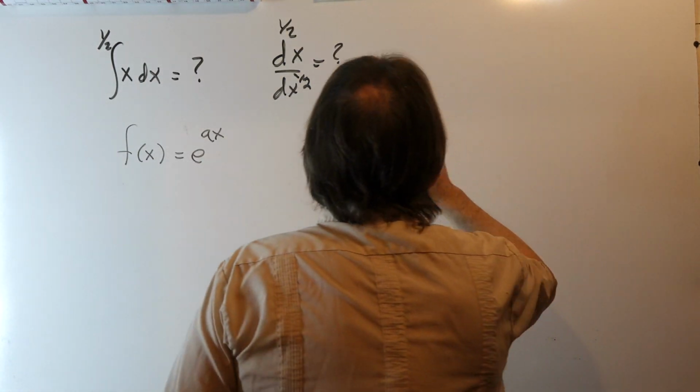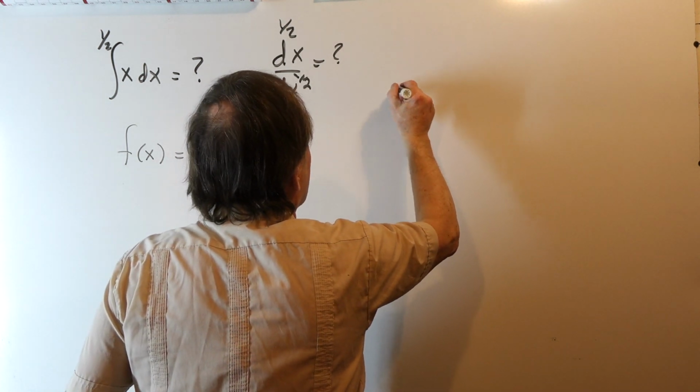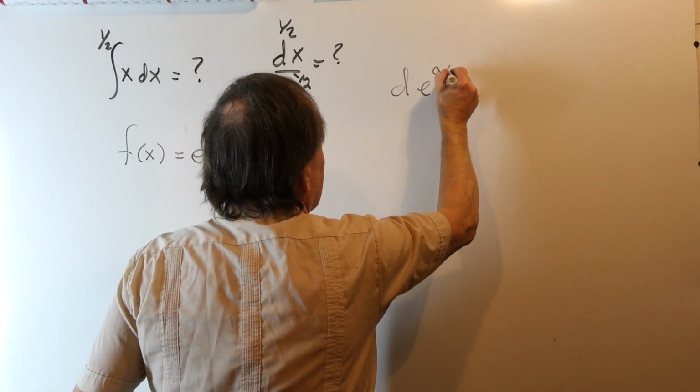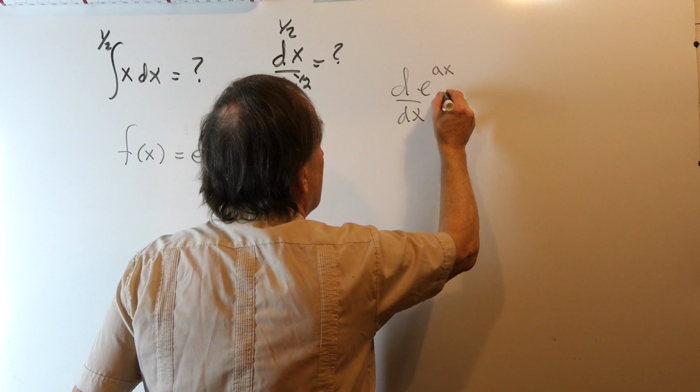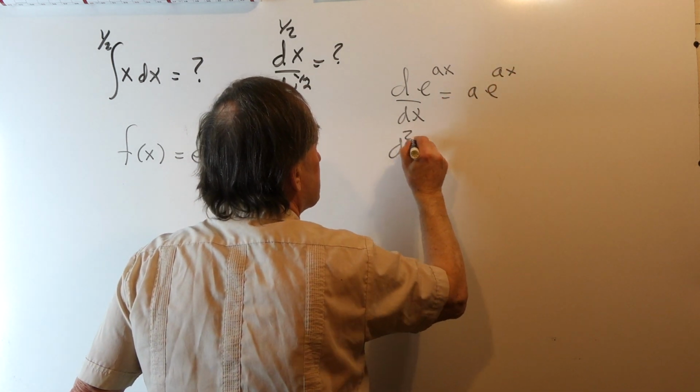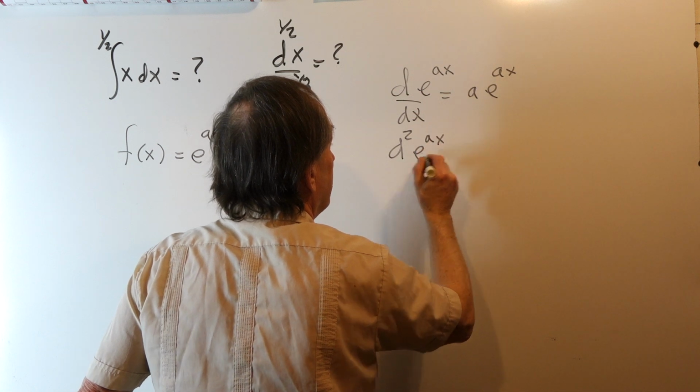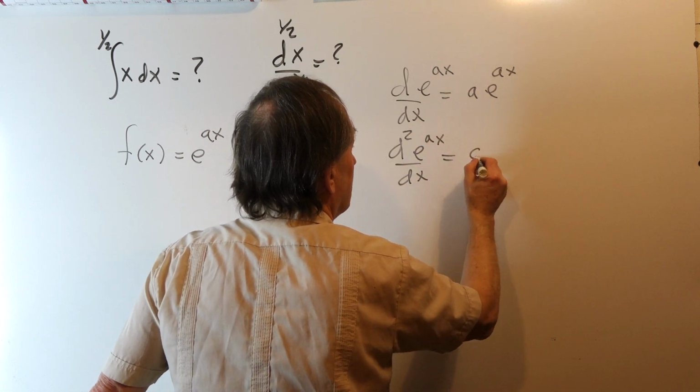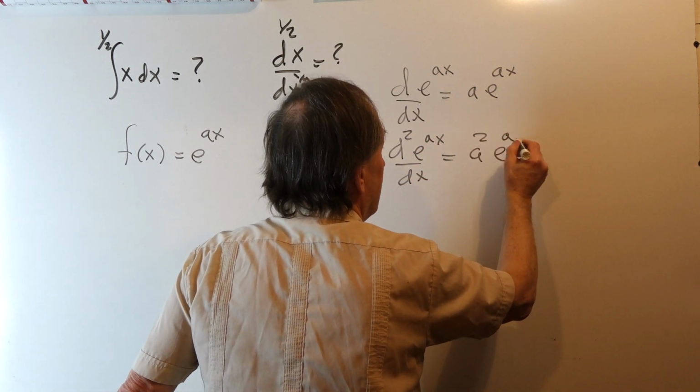For example, if we take the first derivative of e to the ax with respect to x, we get a e to the ax. And if we take the second derivative with respect to x, we get a squared e to the ax.